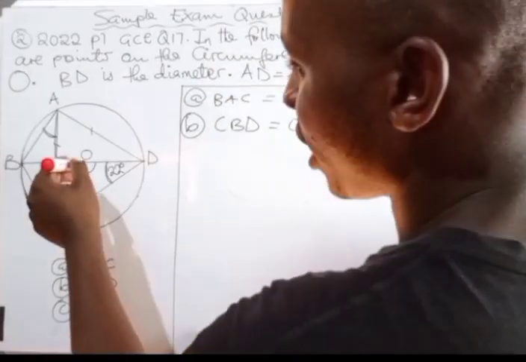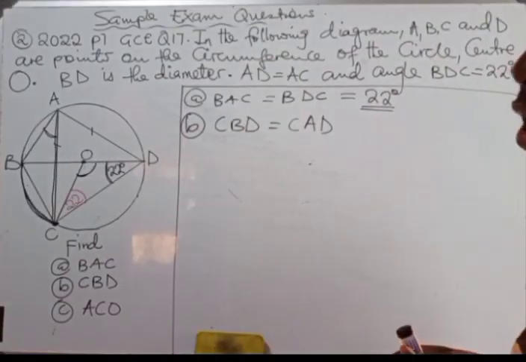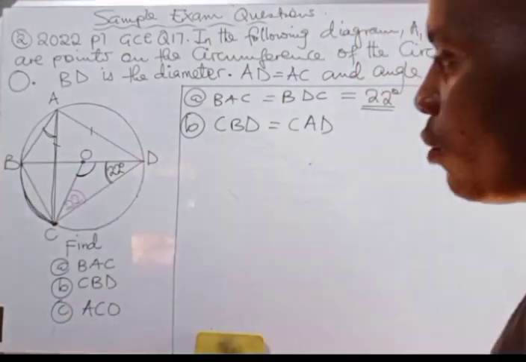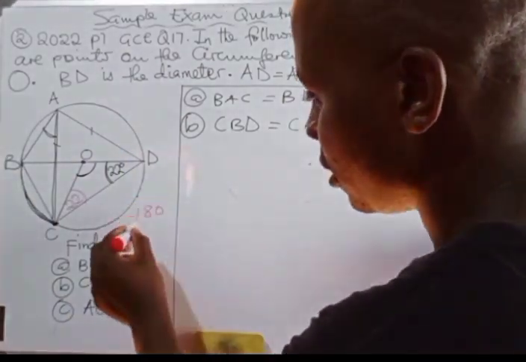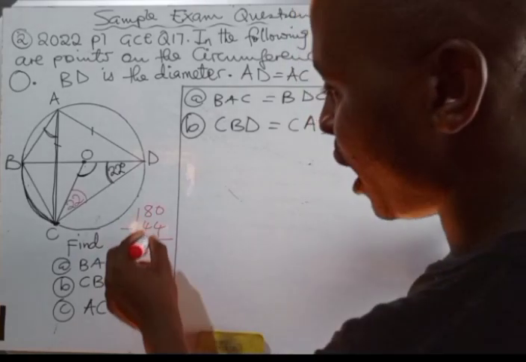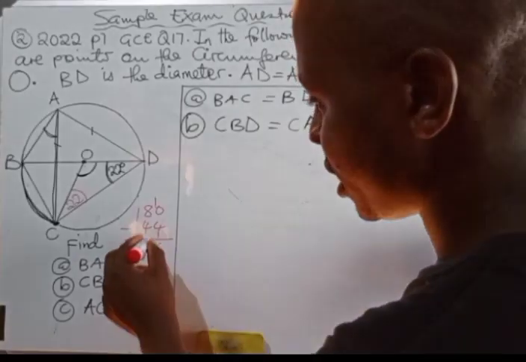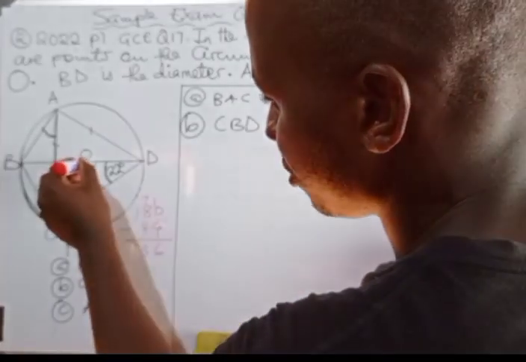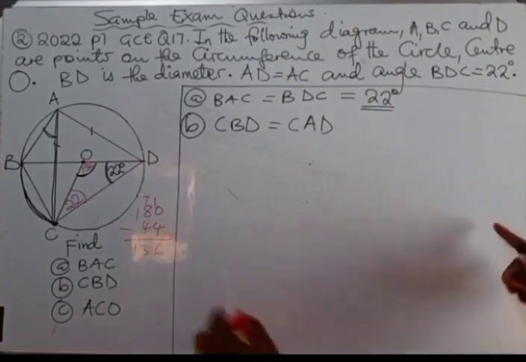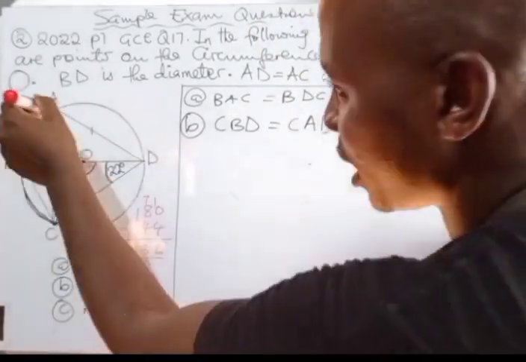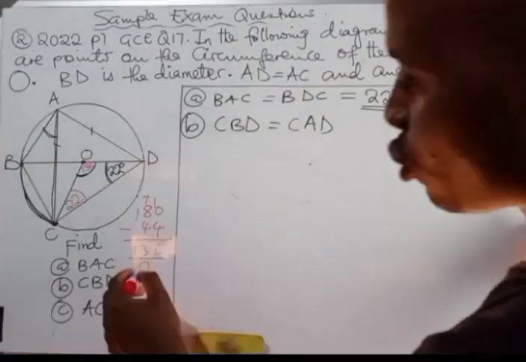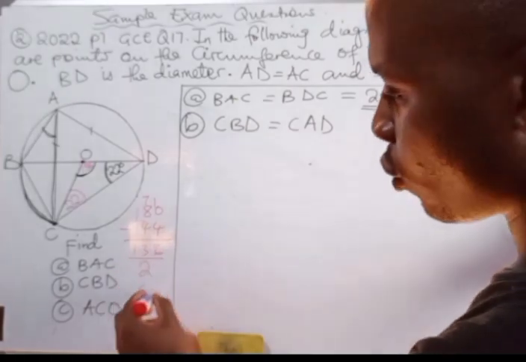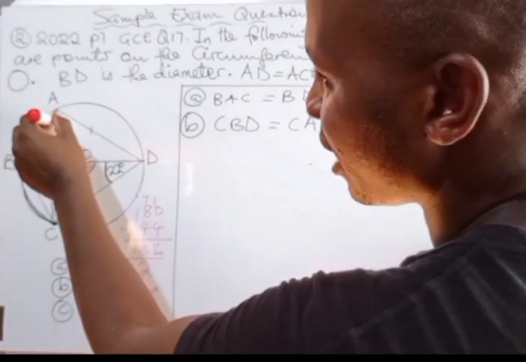Now, to find this one here, we say 180 minus 44, because 22 plus 22 is 44. So 180 minus 44 gives 136. Now 136 divided by 2, so that we get that angle there, is 68.